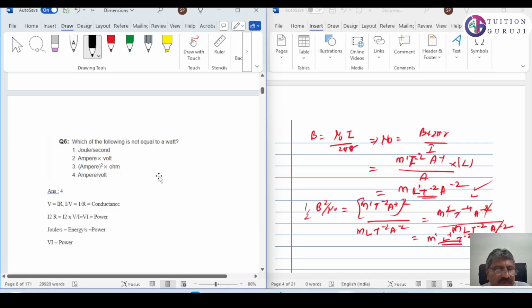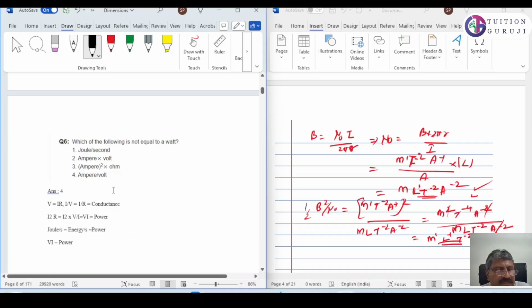Ampere into volt, V into I, is again power. Ampere squared into ohm, meaning resistance, is I squared R, which is V by I times I, so V into I. This is also power.